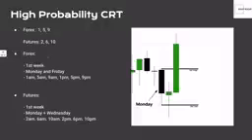For Forex, the first week, Monday and Friday. And once again, 1 a.m., 5 a.m., 9 a.m., 1 p.m., 5 p.m., 9 p.m. Example right here. Monday performed the CRT, high probability CRT as mentioned here. Turtle soup Tuesday, distribution Wednesday. Friday also has a high probability CRT range.